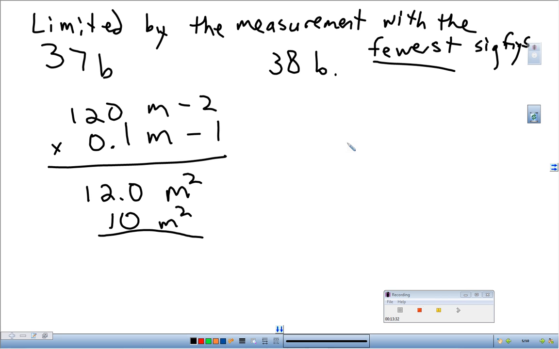38B. What do we have for 38B? 0.2 meters. Is it meters?